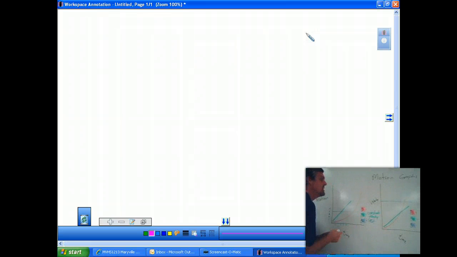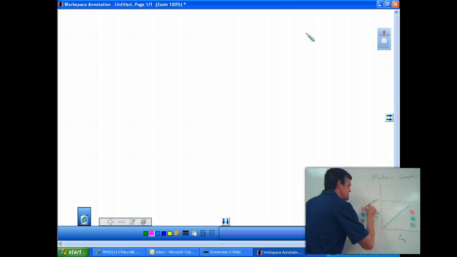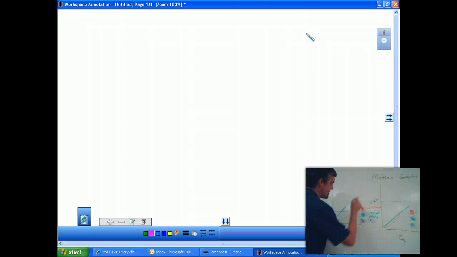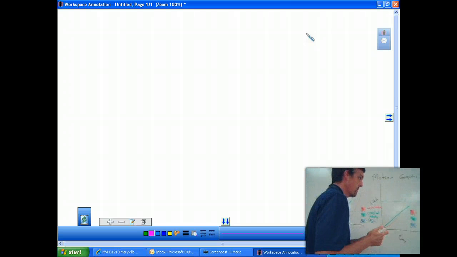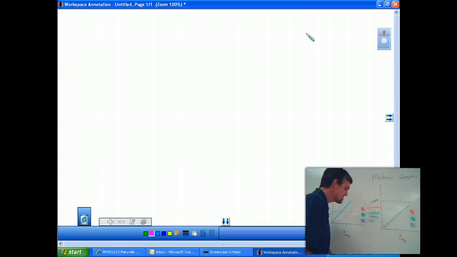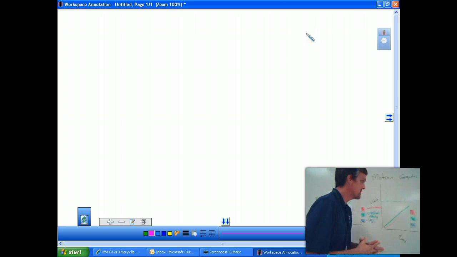It is moving. And so if it's not constant, it must be accelerating. So we call that acceleration. And that acceleration in this case is positive acceleration. It would go in a different type of curve, a different direction, if it was decelerating.